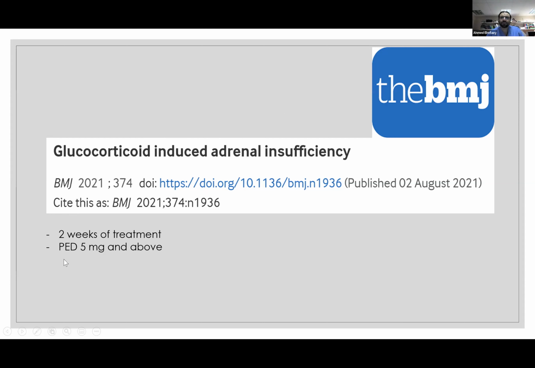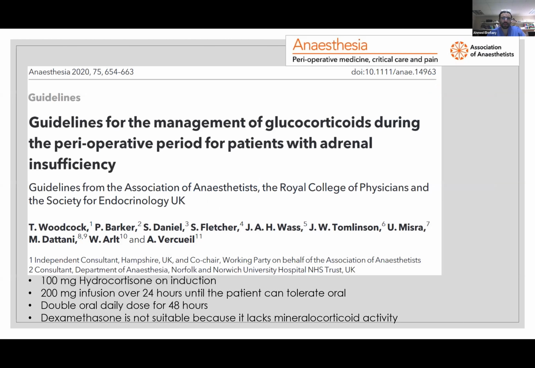If those patients are taking 5 milligrams of prednisone or any equivalent dose of any other glucocorticoid for 2 weeks or more, consider them suppressed, and they need extra glucocorticoids externally when they come to us.